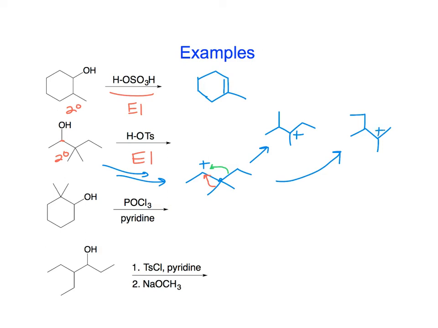All right, so would we get anything different in this case? So let's follow up to our products up here. Tosic acid, or the conjugate base, would remove a proton. It's going to remove the proton here from the more substituted side to give this product.